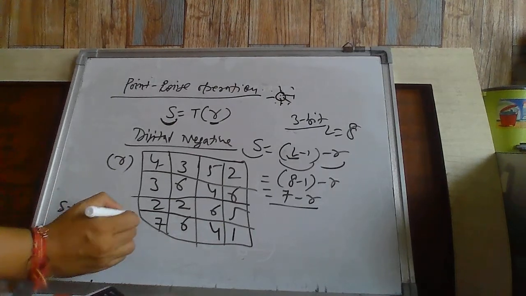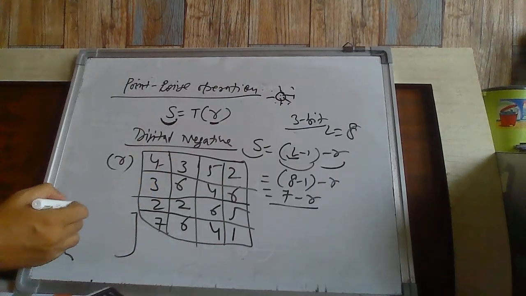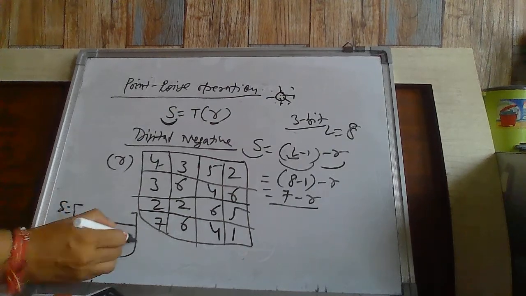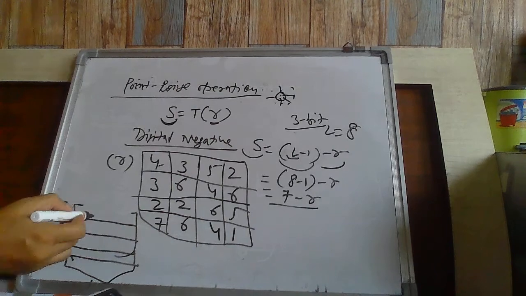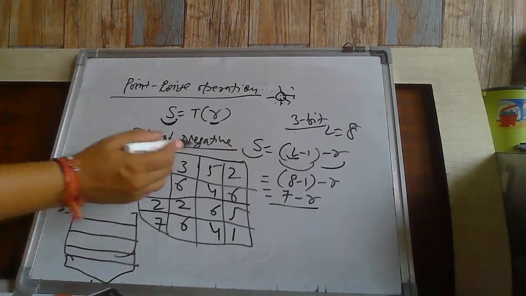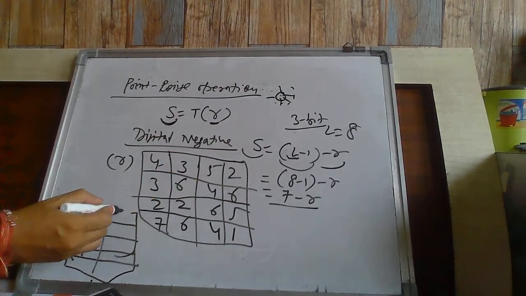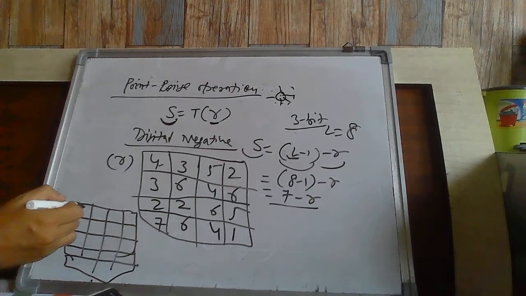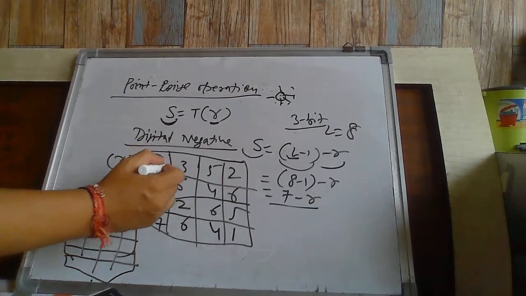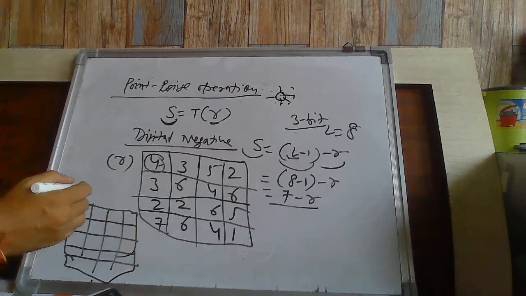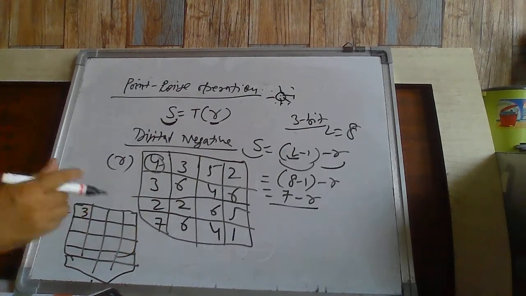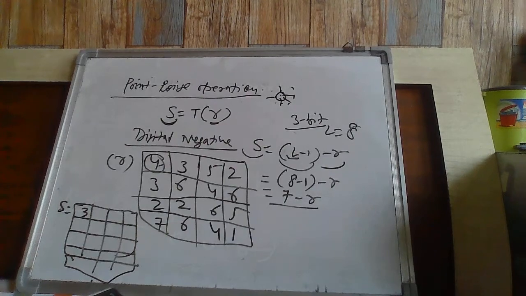The S matrix will carry how many rows? 4 rows, and 4 columns. In the first column, what will be the result? Simply 7 - R. 7 - R means 7 - 4, so the answer will be 3.